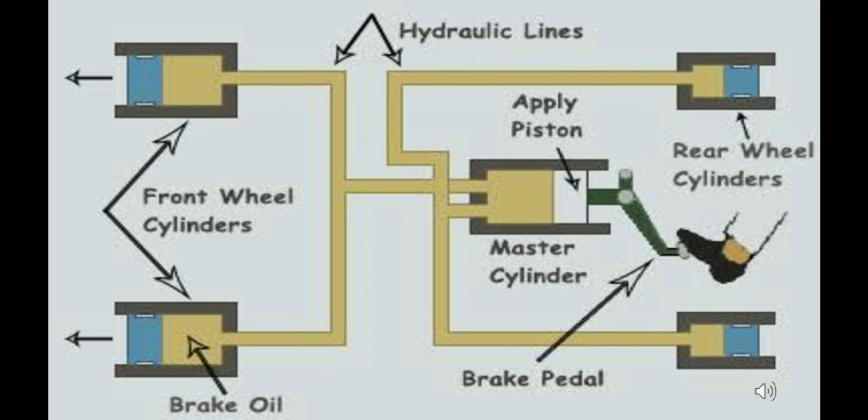Okay, so this is how the hydraulic brake is working. You can see in the diagram that the rear cylinders come to a stop because the brake has been applied on the master cylinder.